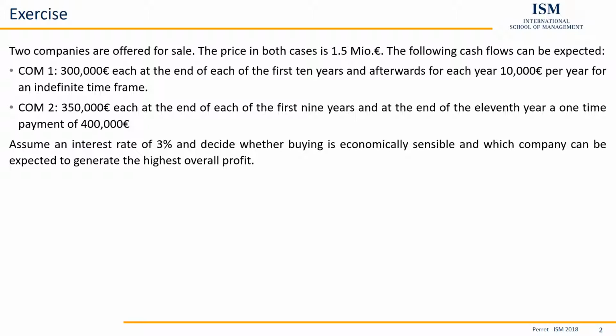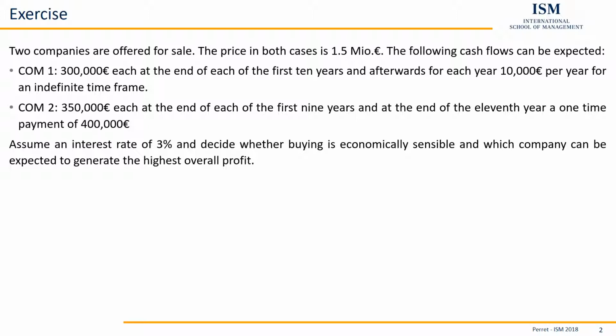To get the net present value for each of the two companies, we have three parts. In both cases we have the buying costs, the buying price of 1.5 million. With the first one, we have the cash flows of 300,000, 10 times over the first 10 years, and the more or less perpetual payment of 10,000 euros per year for an indefinite time frame.